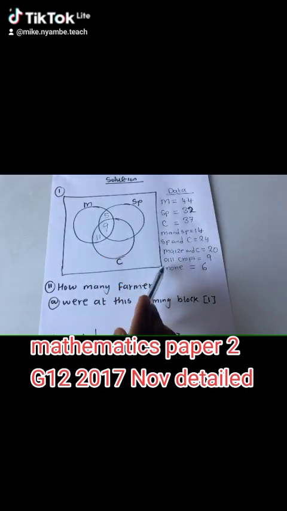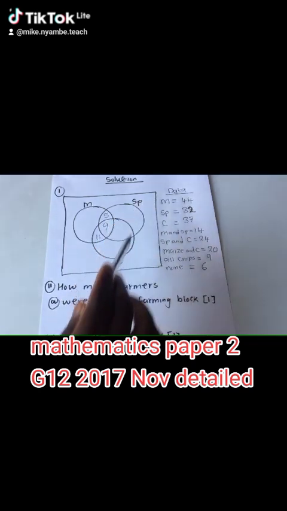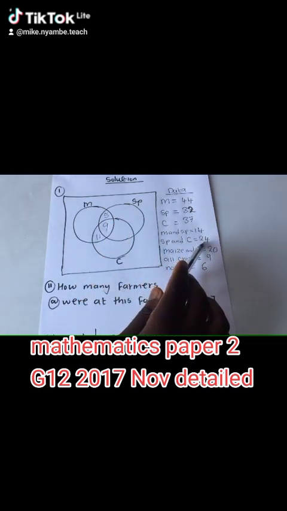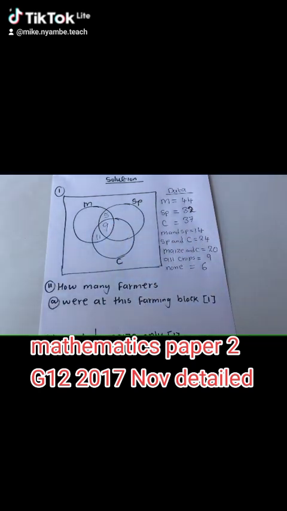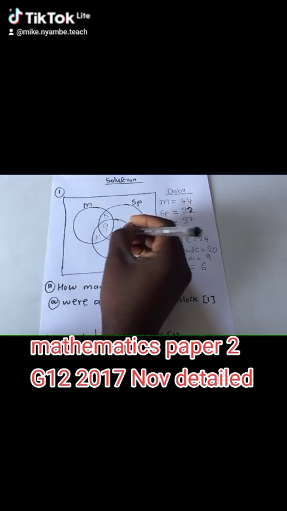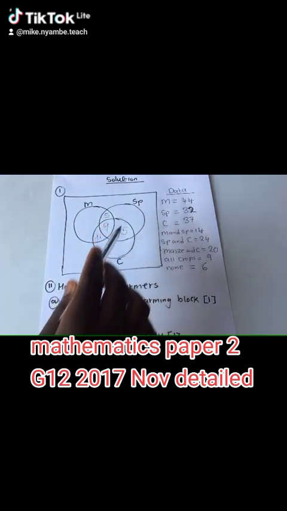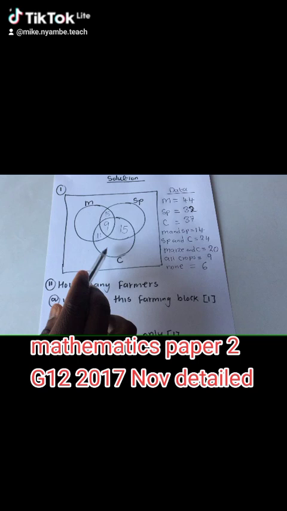You check. Sweet potato and cassava, 24. 24 minus 9. You get 15, just like this.